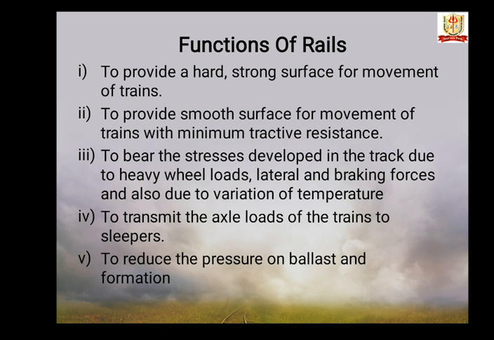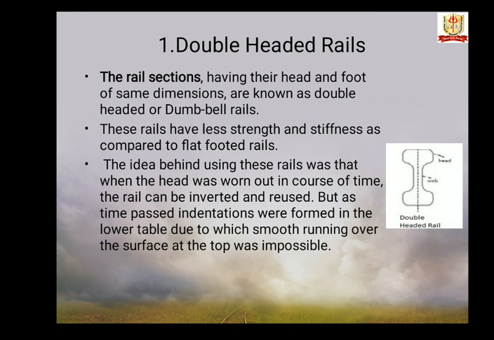Now I start types of rail. So the first type is double-headed rail. The rail section having head and foot of the same dimension is known as a double-headed or dumbbell rail. It's also called DH rail. These rails have less strength and stiffness as compared to flat-footed rails.